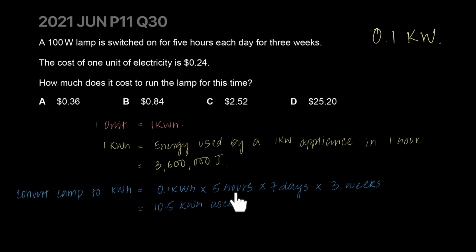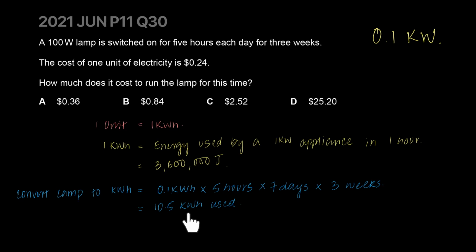It's running for 5 of those hours, 7 days a week for 3 weeks. So 0.1 kilowatts times 5 times 7 times 3 gives you 10.5 kilowatt hours. That's the total amount of energy used. And if you want this in joules, you can just multiply it by 3600 and you'll get some value like this. Probably with 1 more zero, because it's in the tens.